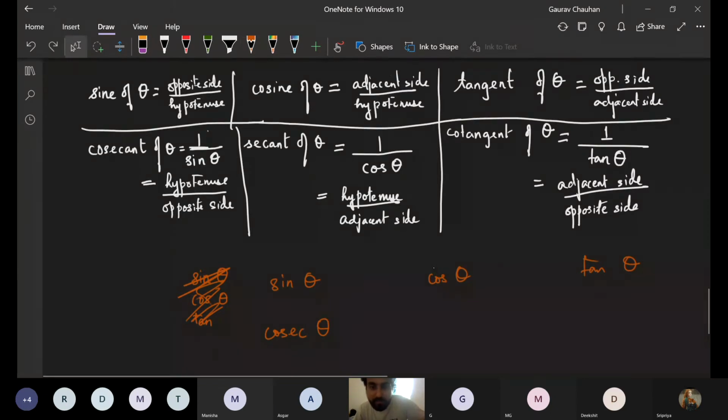So not that. Cosec theta, sec theta, and next is cot theta. Theta does not matter, whatever angle you're writing, A or C, you should write that angle here.